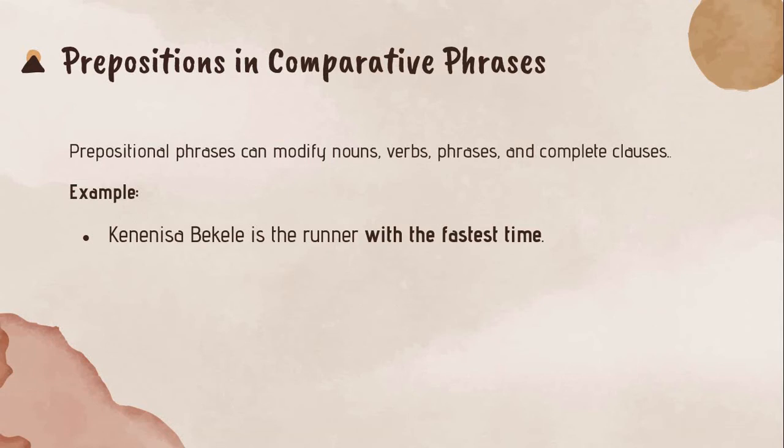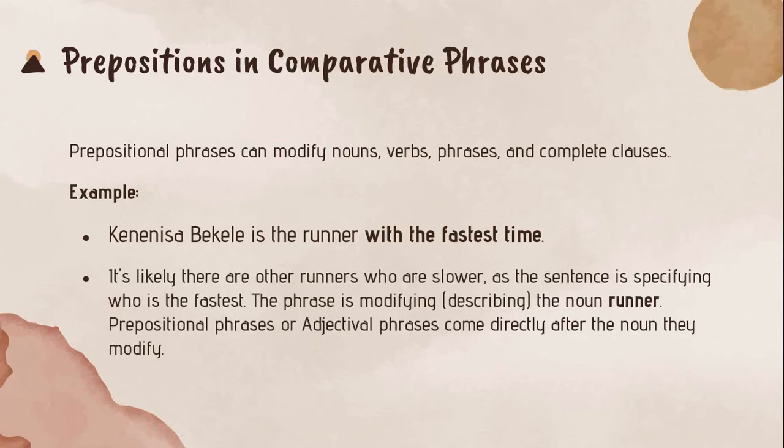We have with, the preposition, and the whole phrase is a prepositional phrase. When we use them in such a way, they become adjective phrases because they modify a noun. In this sentence, it's likely there are other runners who are slower, as the sentence is specifying who's the fastest. So the phrase is modifying or describing the noun runner.